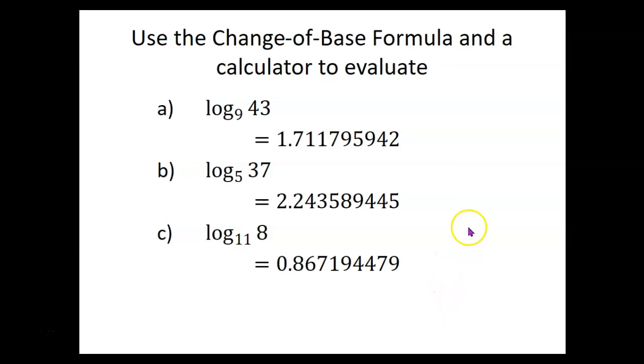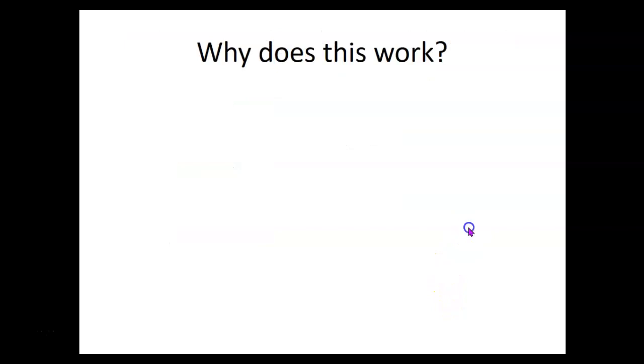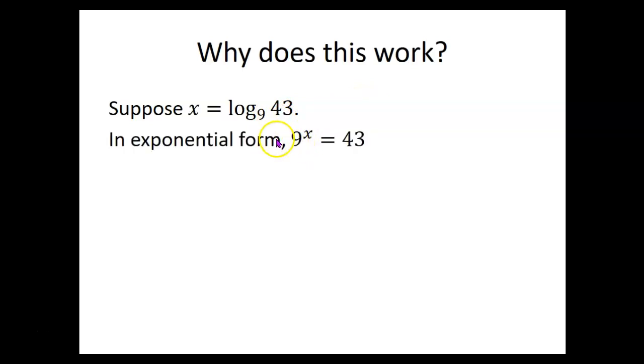Now let me explain why this works. Why does this work to get us the base 9 logarithm of 43? Well, let me use x to stand for that number, the base 9 log of 43. If we write that in exponential form, it would say that 9 to the x power is 43. Remember, the base 9 logarithm of 43 means the power you have to raise 9 to get 43.